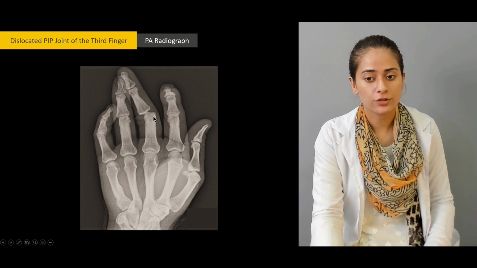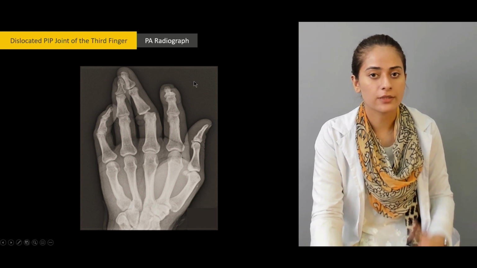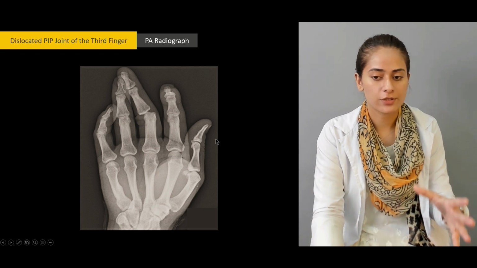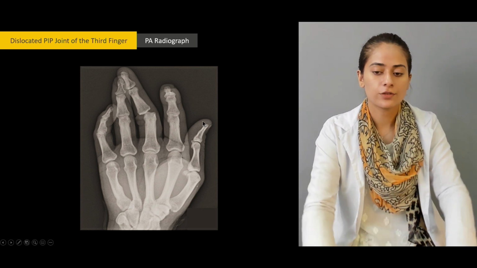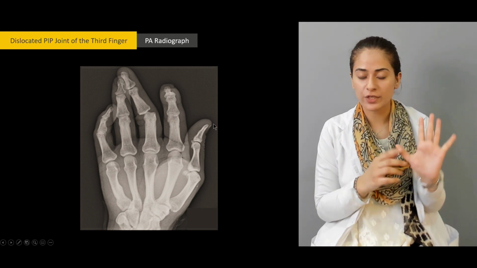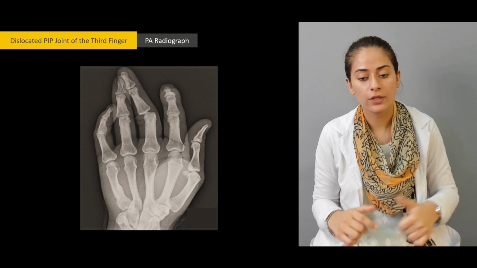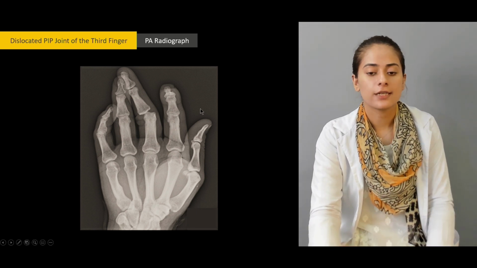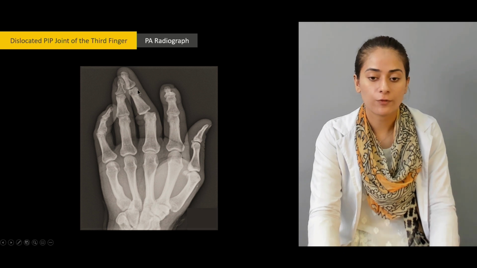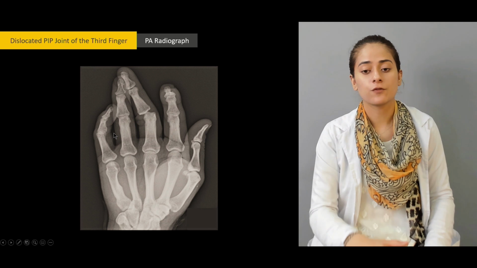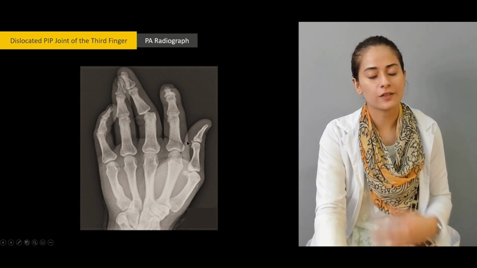Because we can't see the radius or the ulna, we should remember that the thumb always points outward when in anatomical position, so it's lateral, and the fifth finger is medial. If it's towards the medial finger, it's a medial dislocation. If it's towards the thumb, it's a lateral dislocation.